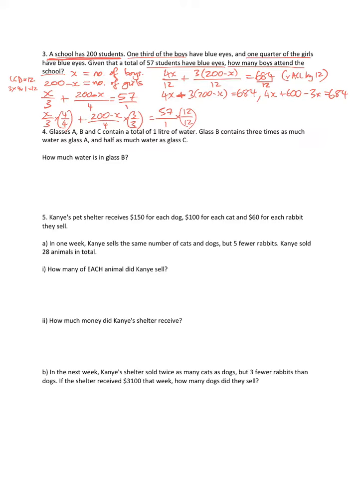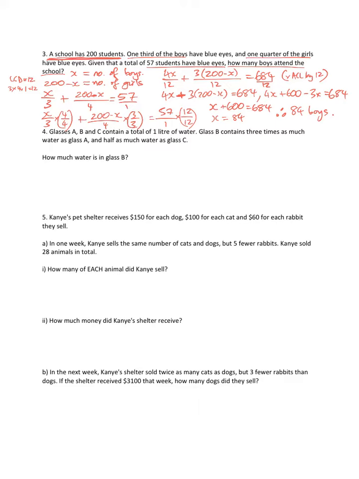No, sorry, I need to collect 4x and negative 3x. 4x take 3x is going to be 1x plus 600 is 684. The opposite of adding 600 is taking 600. 684 take 600 is going to be 84. Therefore, 84 boys attend the school.